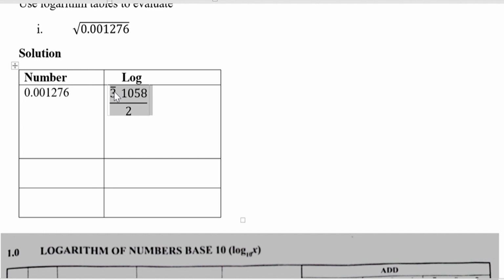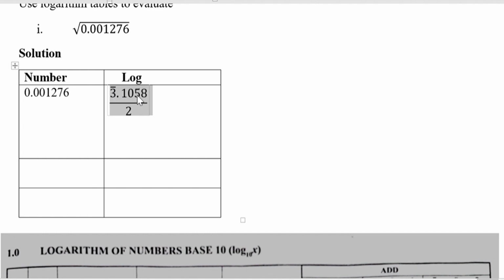So in this case, we shall borrow 1 from here so that the new number will now be bar 4. Remember, this is already a negative number, and when you borrow something from it again, it becomes even smaller. That's why we have borrowed 1 from it. It now changes to bar 4. That one we have borrowed, we shall come and add it here.